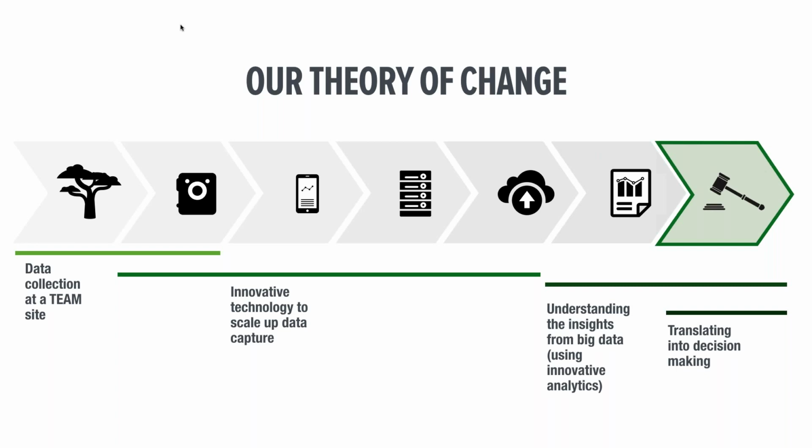And we have an analytics engine that, when we have the data, we can analyze the data in particular ways. And there's a whole side of TEAM that is devoted to analytics. And then hopefully from these analytics, we get some insights on what's happening with wildlife at different levels. And what we want to do as a conservation organization is translate that information to policymakers so they can take some action around what's happening.